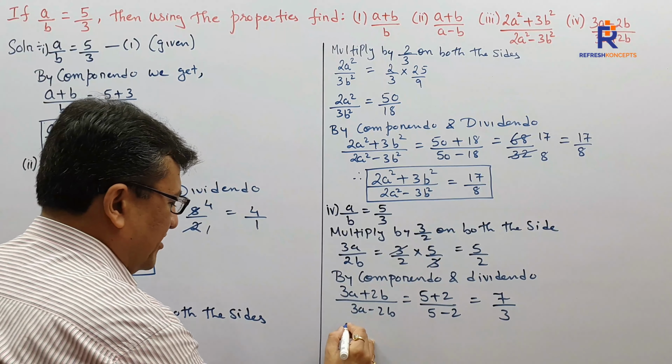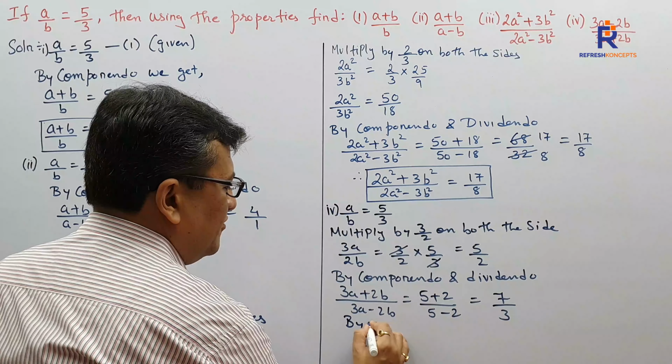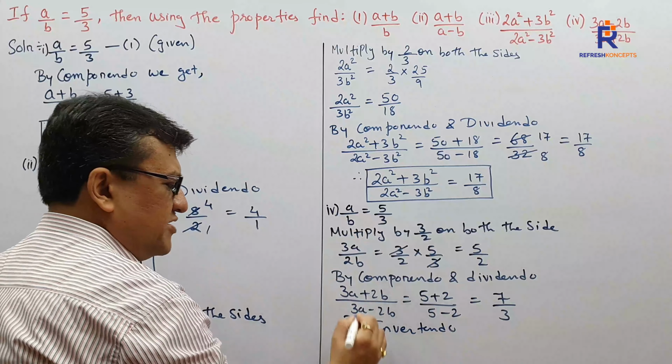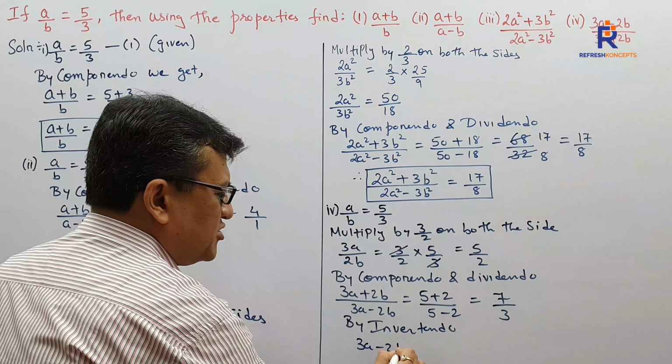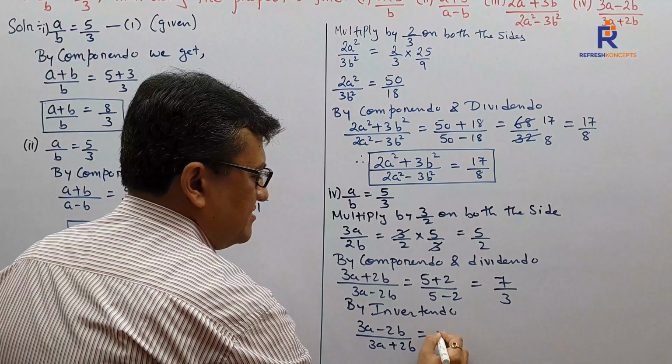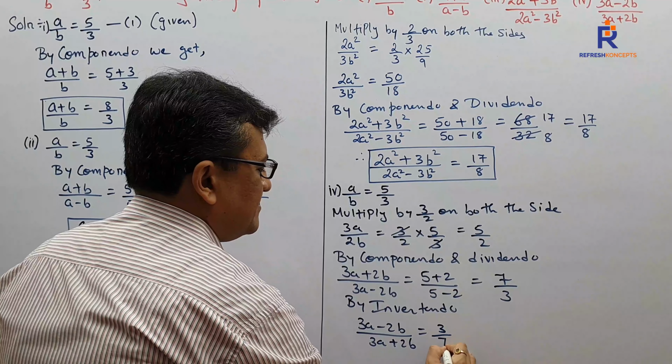So by invertendo, this gets swapped up. (3a − 2b) upon (3a + 2b) is 3 by 7. That's it.